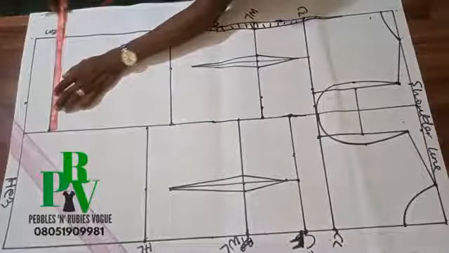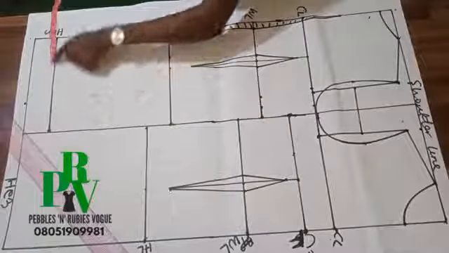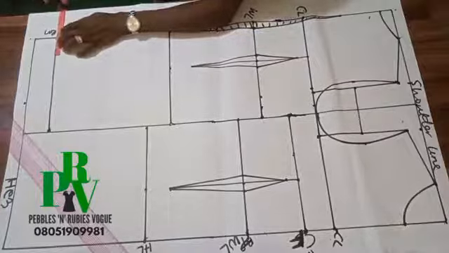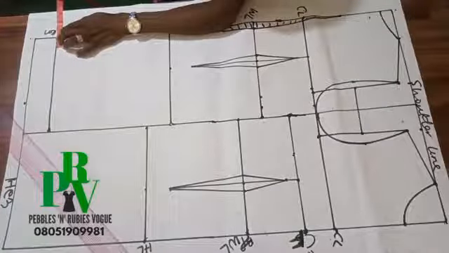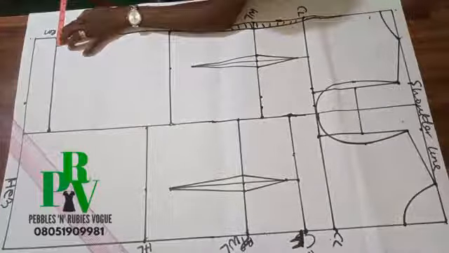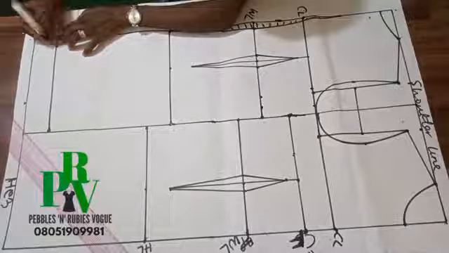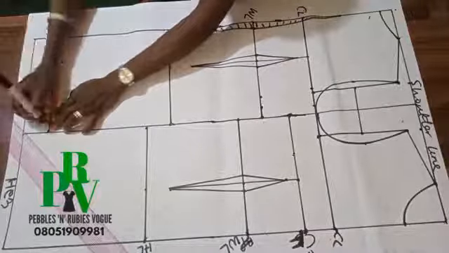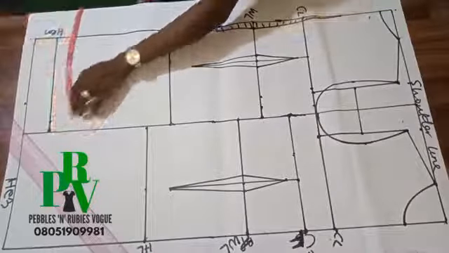Then we'll come to the hemline for the back block. We'll be reducing the back block here. From the center back, I'll mark 1 inch. And then from the midpoint here, I'll come in by 1 inch as well. Okay?